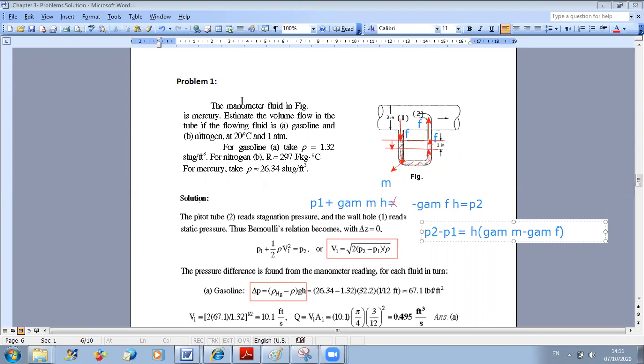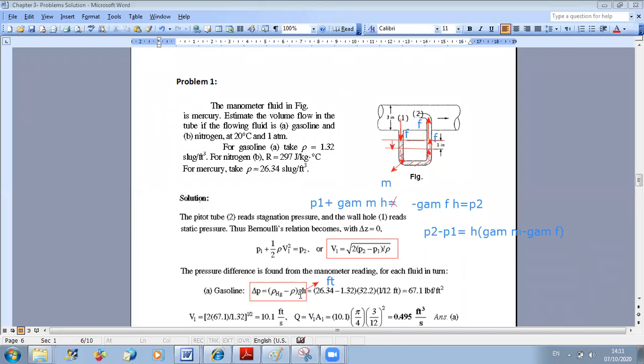I should pay attention that H should be replaced in feet, not in inch, because G is 32.2 feet per second square, and rho is given in feet cube. And you know that 1 inch is equal to 1 feet over 12. This is why when you replaced H here, you put 1 over 12.